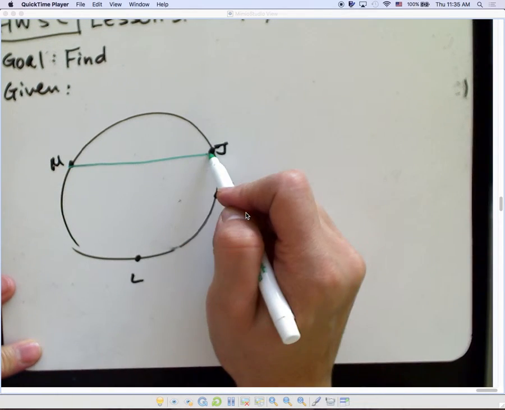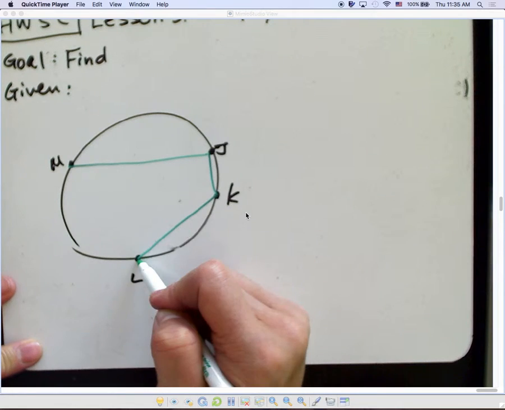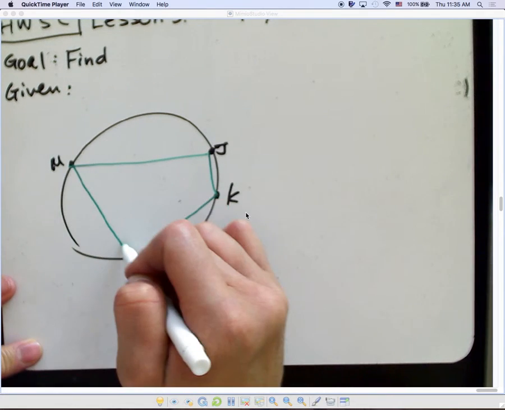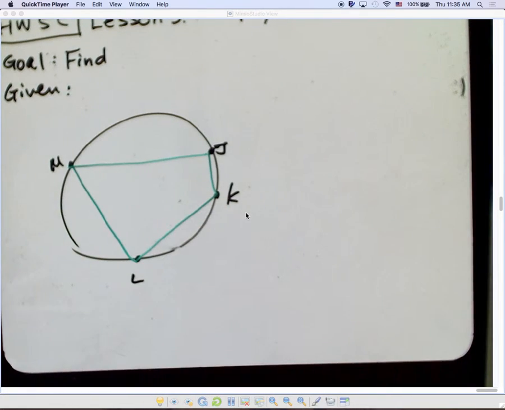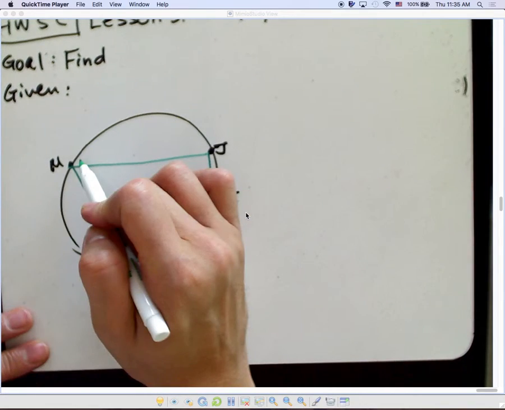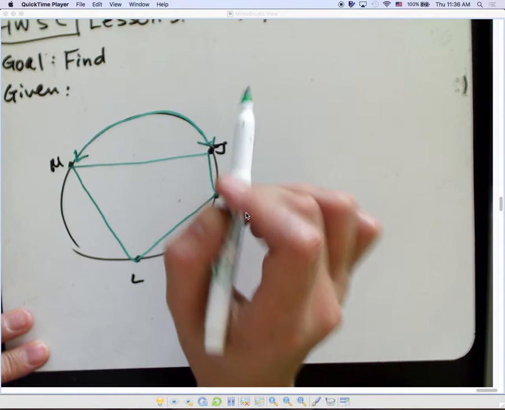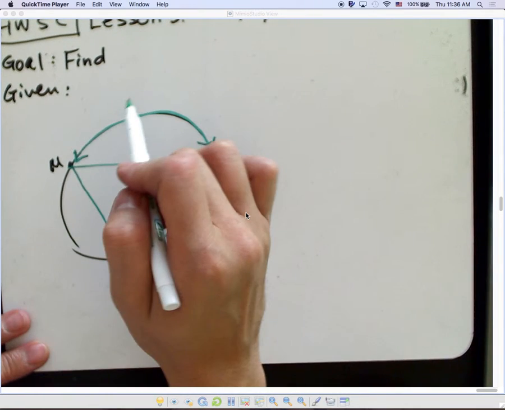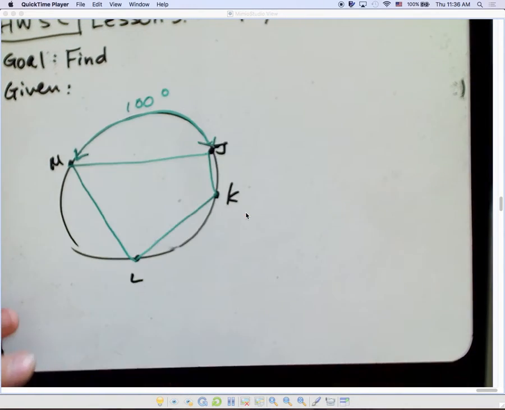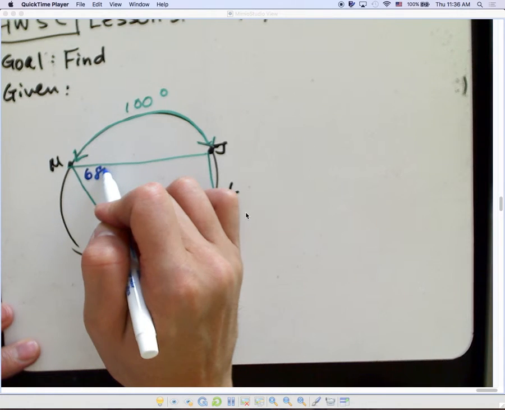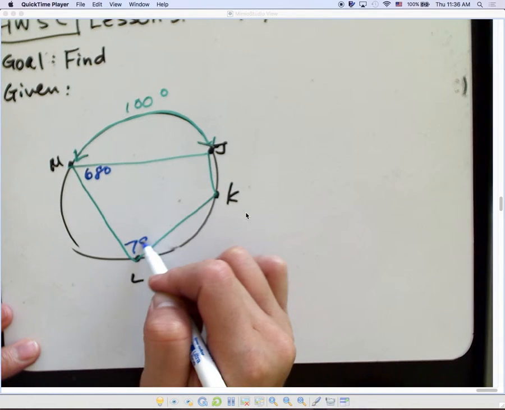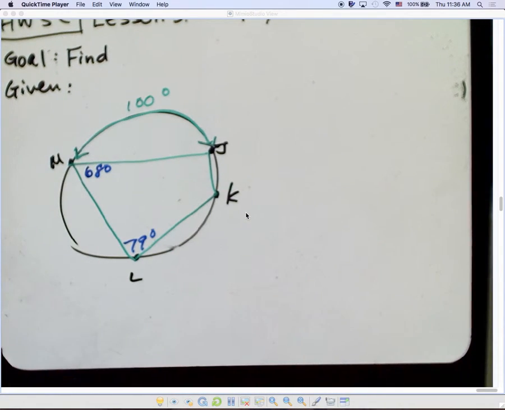This special quadrilateral we call a cyclic quadrilateral. Arc measure MJ is 100 degrees, and we have 68 degrees here and 79 degrees.